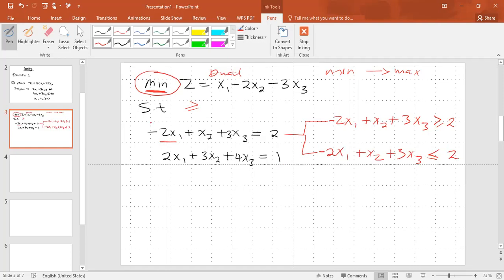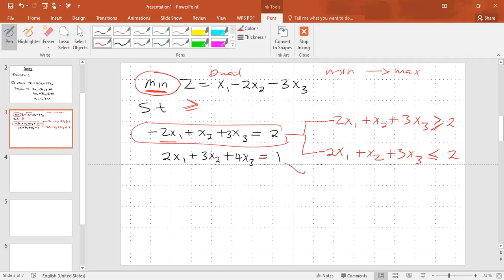So in that case it produces two. But here we have to change, since it is minimum it should have greater than. When the question begins it should have greater than. So we write them with greater than. Then the equal to one also produces two.